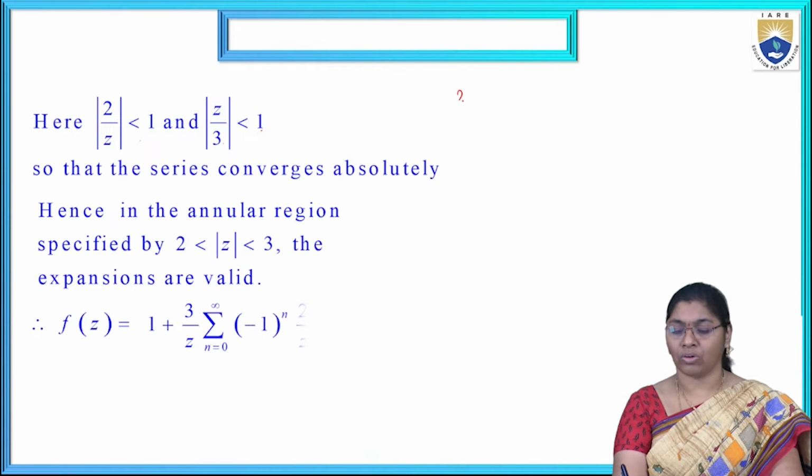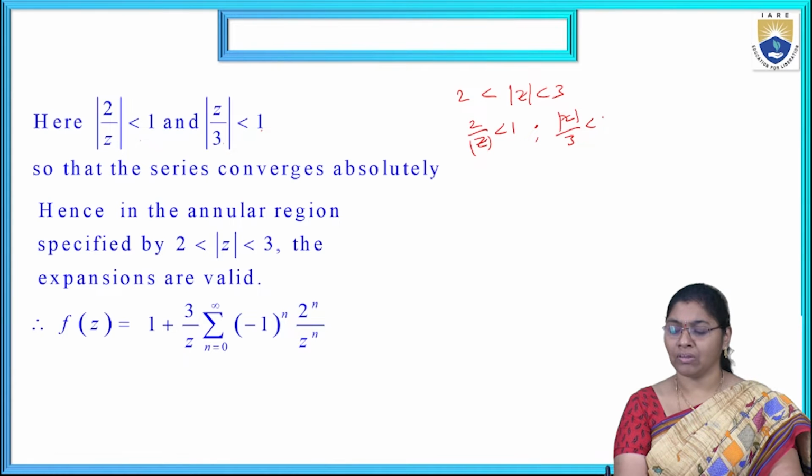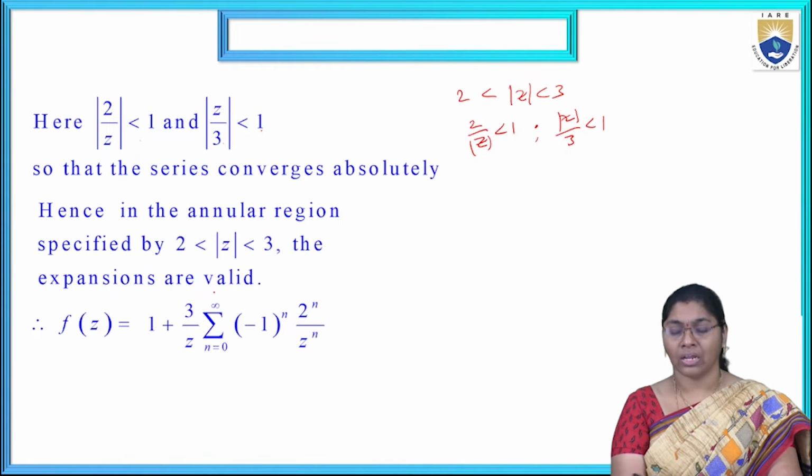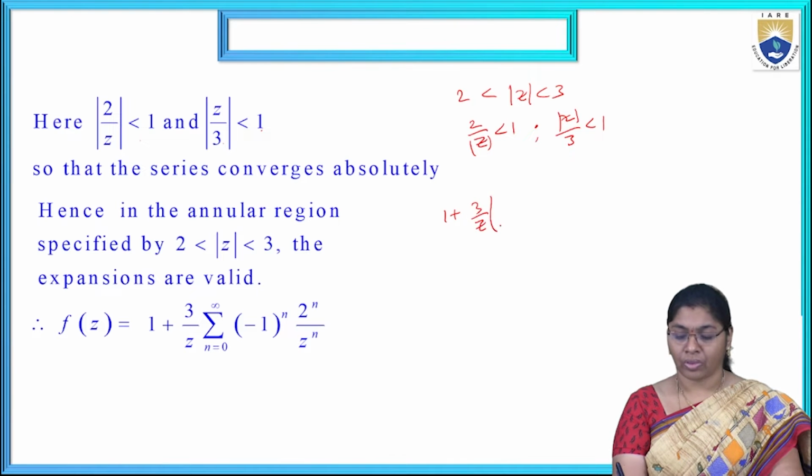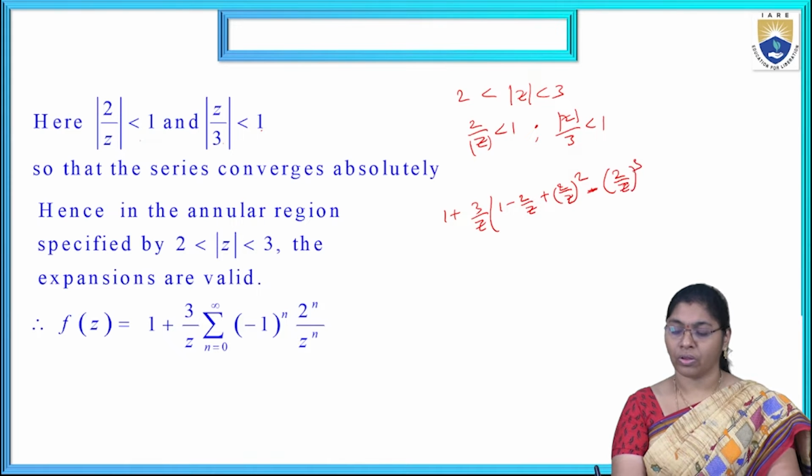Yes, the series is convergent. 2 less than mod z less than 3 gives 2 by mod z less than 1 and mod z by 3 less than 1. Both are convergent. Here we get 1 plus 3 by z into 1 minus 2 by z plus 2 by z whole square minus 2 by z whole cube and so on.